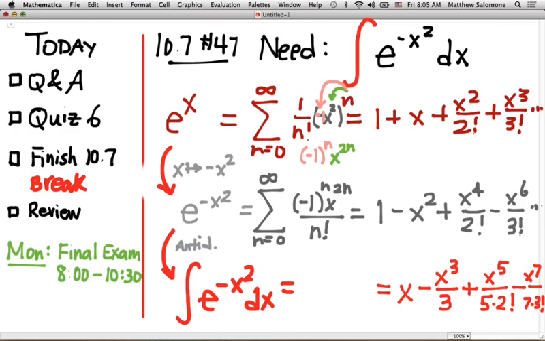And now to write the general term, what would you like to do? What we really need is to take an antiderivative of this general term of e to the minus x squared with respect to x.